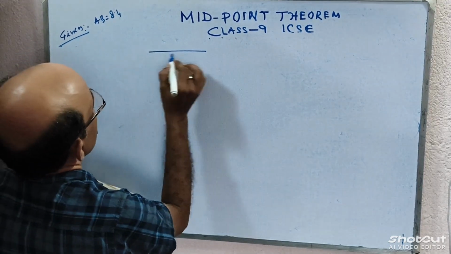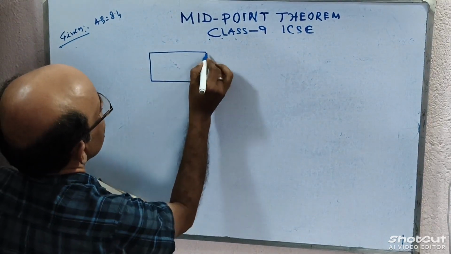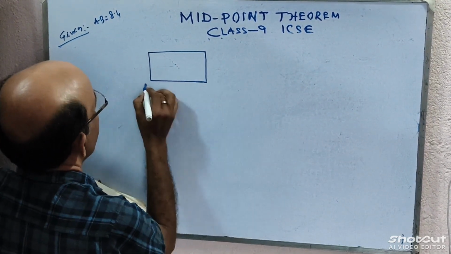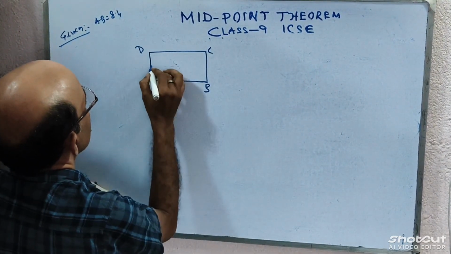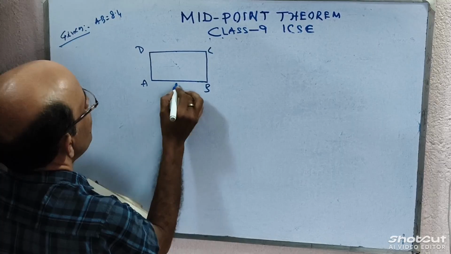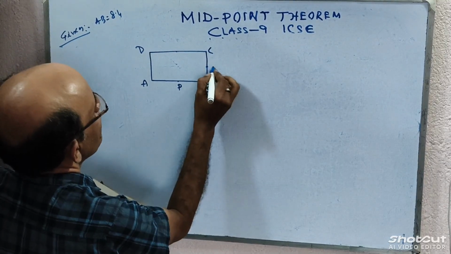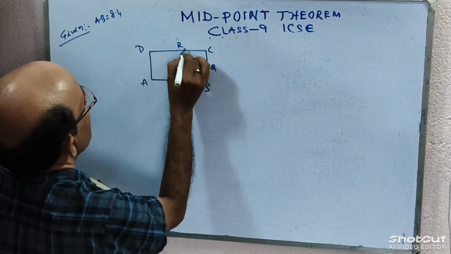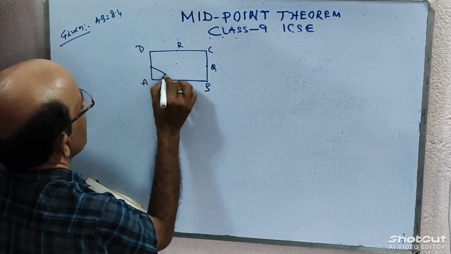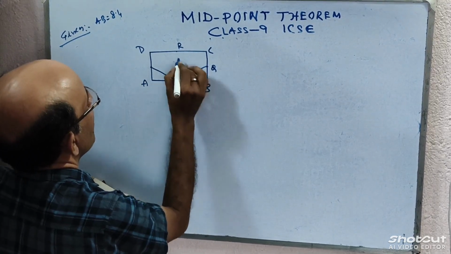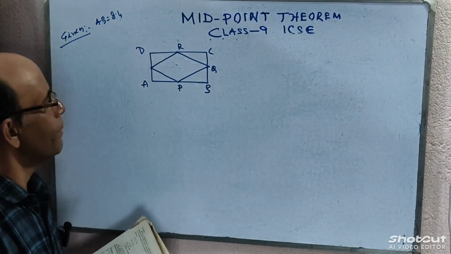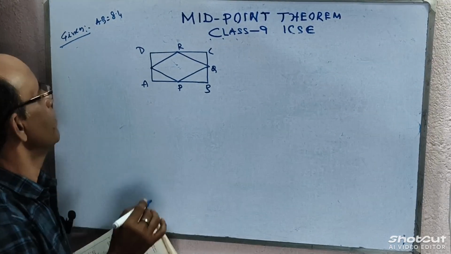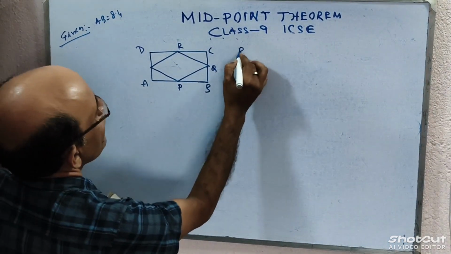Very important. ABCD is a rectangle, এটা given আছে। ABCD is a rectangle. PQRS are the midpoints of AB, BC, CD and DA respectively. You have to prove that, required to prove.